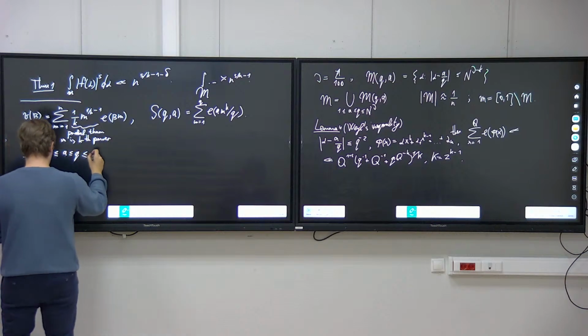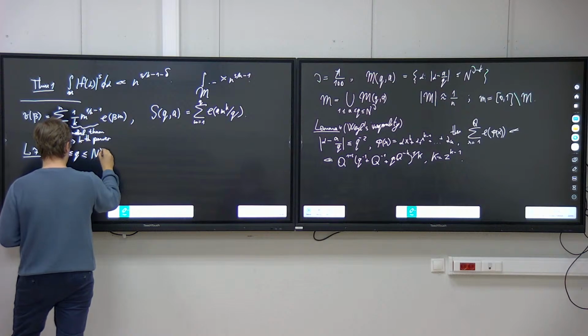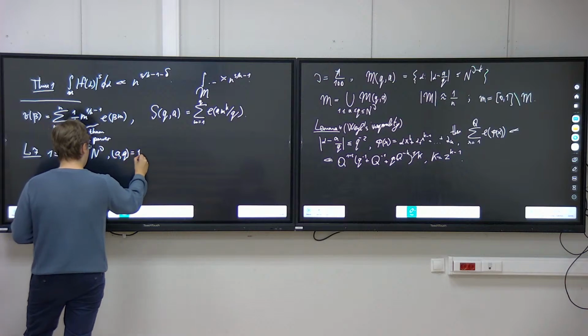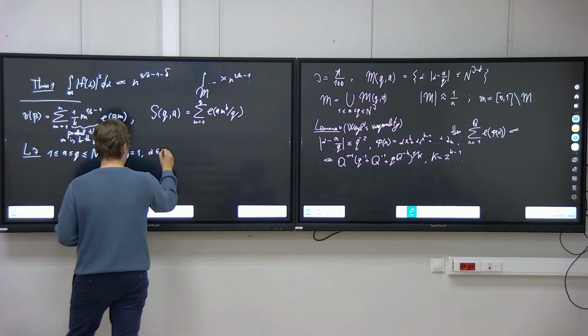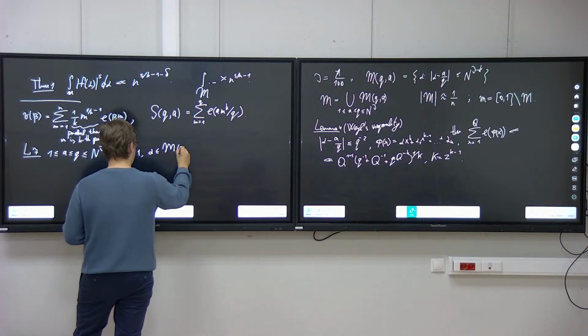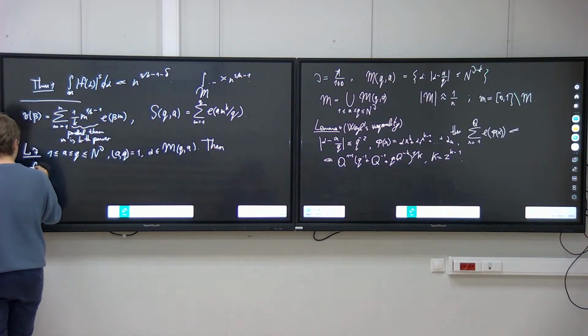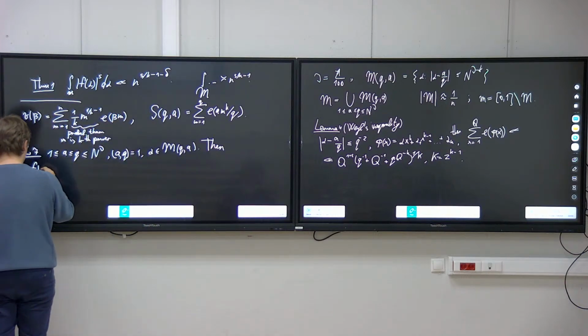Okay, and lemma 7 will be like that. If we have our major arc, and alpha in this major arc, then our function f of alpha can be evaluated in terms of these two functions.